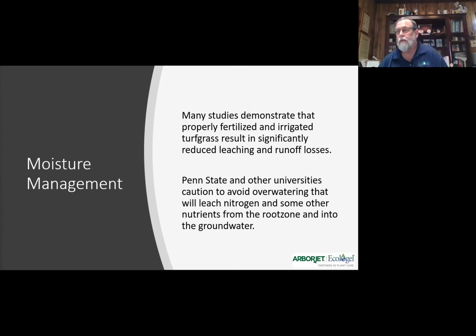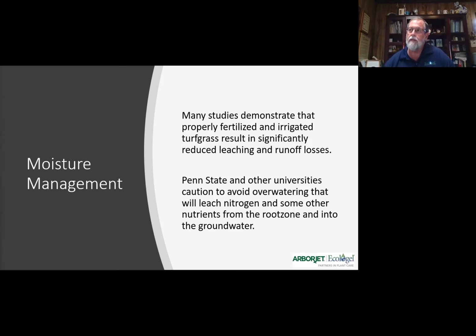So Penn State and other universities caution not to overwater turf. And we see that so many times. I see in turf management that either people overwater or underwater. And so often they overwater, and then they're pushing these nutrients out of the root zone, and you're losing them to leaching or sometimes through surface loss. So it's very important to have the proper soil moisture, irrigate correctly, and that will maximize your nutritional uptake.